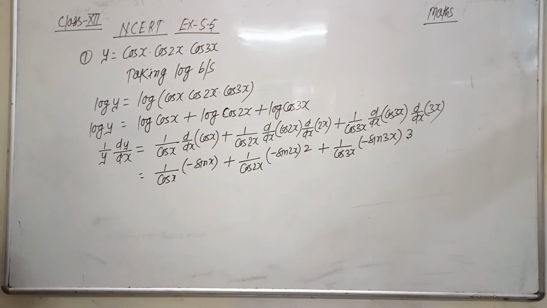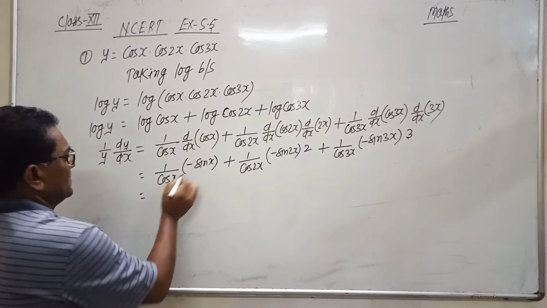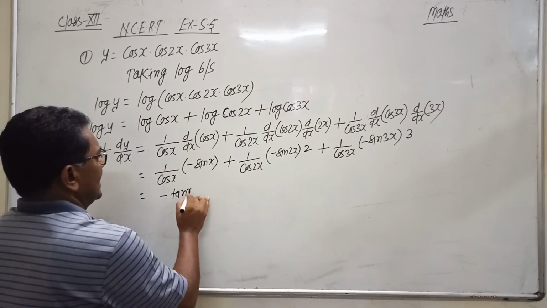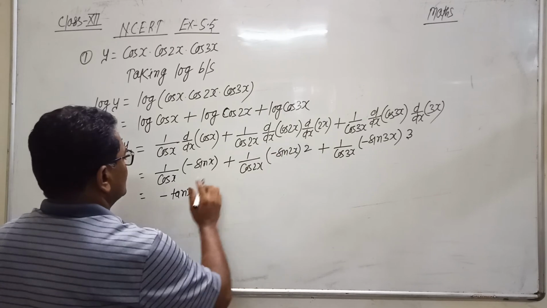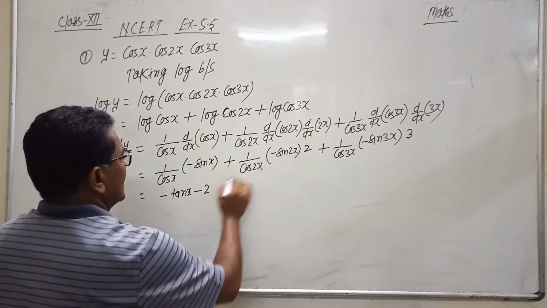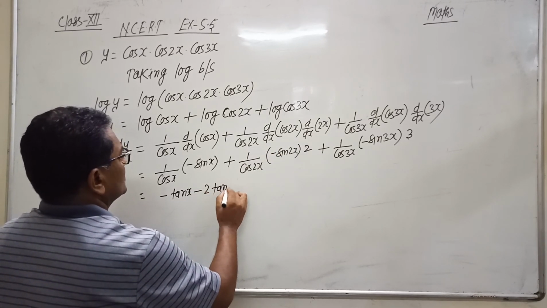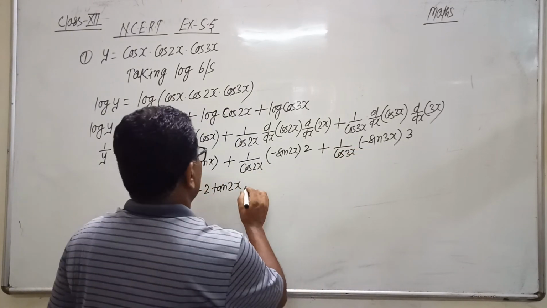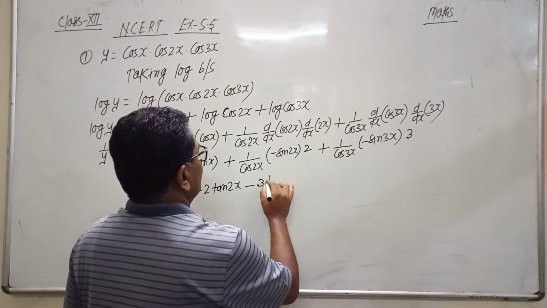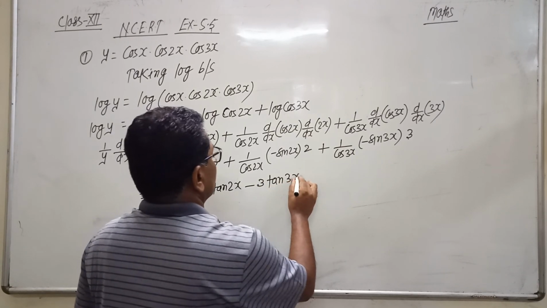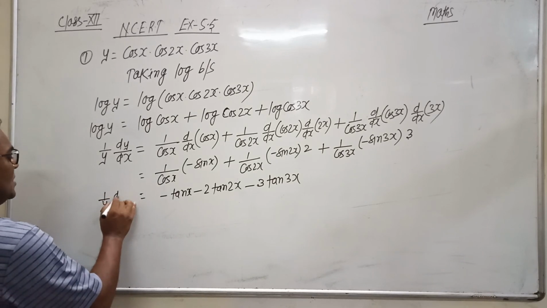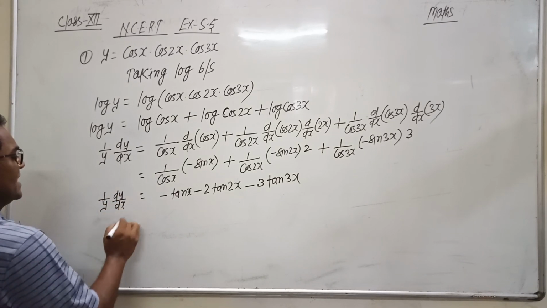So we have differentiated all these terms. Minus sin x upon cos x becomes minus tan x, plus minus 2 sin 2x upon cos 2x, which is 2 tan 2x, again plus minus 3 sin 3x upon cos 3x, which is 3 tan 3x, and on the left side there is 1 by y and dy by dx.